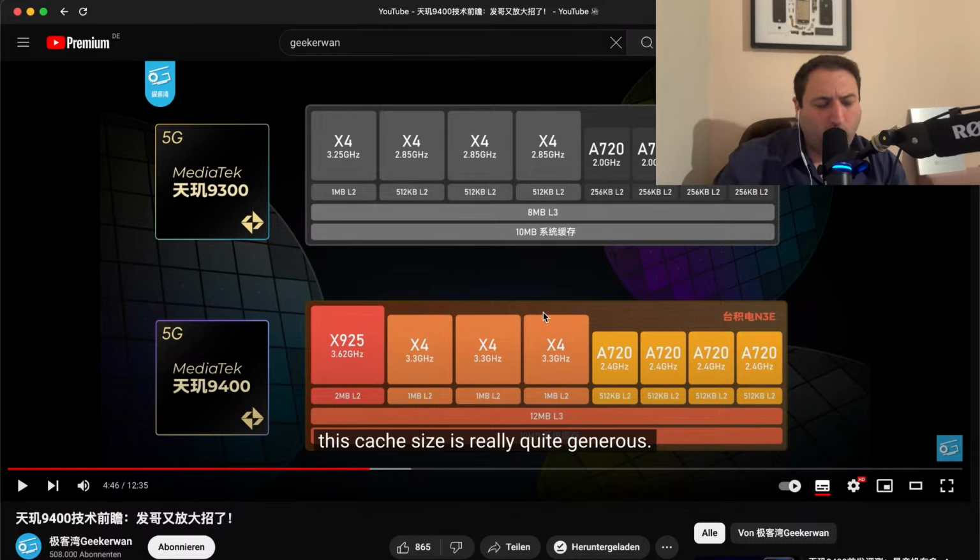And I've always said I'm all for larger chips, especially now that we have very dynamic utilization where some parts of the silicon can be fully turned off or run at a very low frequency. It just makes sense to now use wider chips instead of chips that are atrociously high clocked. 3.62 gigahertz is actually 400 megahertz lower than Apple's latest A18 Pro, and 600 to 700 megahertz lower than the upcoming Snapdragon 8 Gen 4. So definitely some interesting focus on efficiency here that can be achieved by giving you a lot more cache.